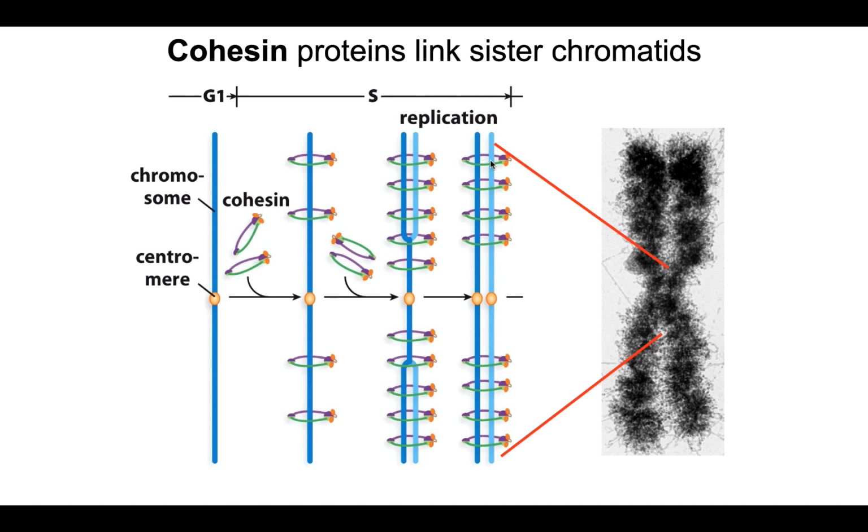By cohesin proteins. These cohesin proteins, right around the centromere, topologically link the two sister chromatids together. And those cohesin proteins are only going to break when that cell is ready to divide, and the two sister chromatids should divide during anaphase.